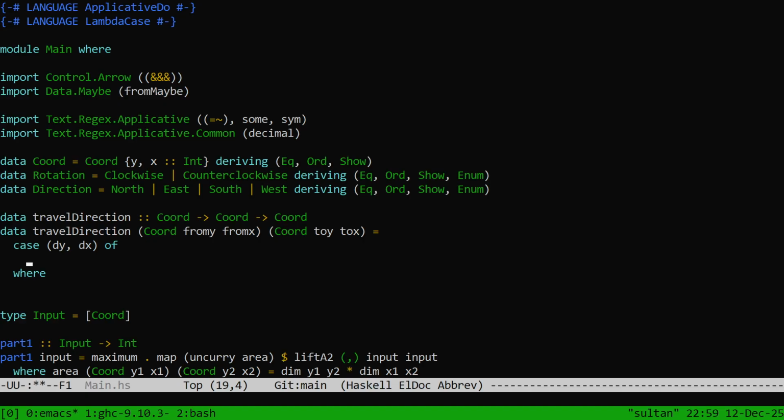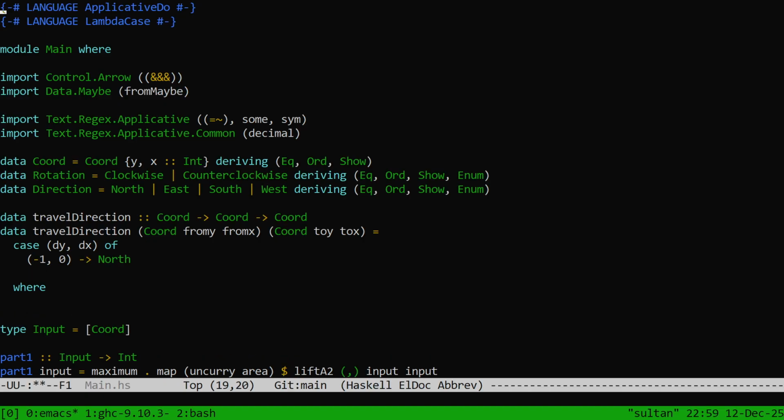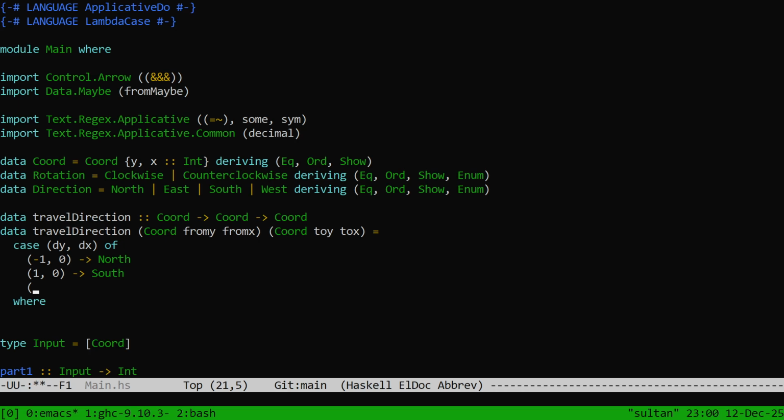So if y is negative, we're going north. If y is positive, we're going south. If x is negative, we're going west. If x is positive, we're going east.